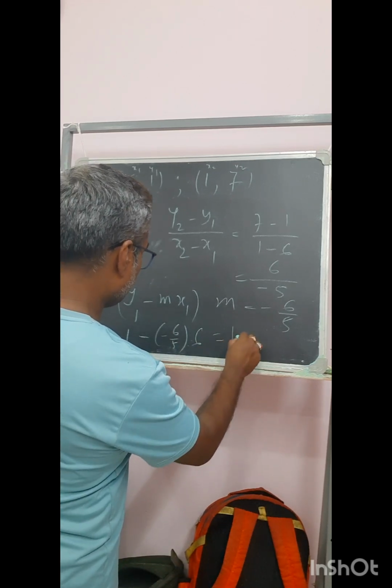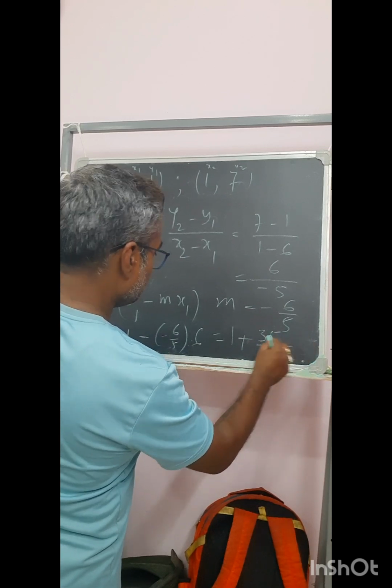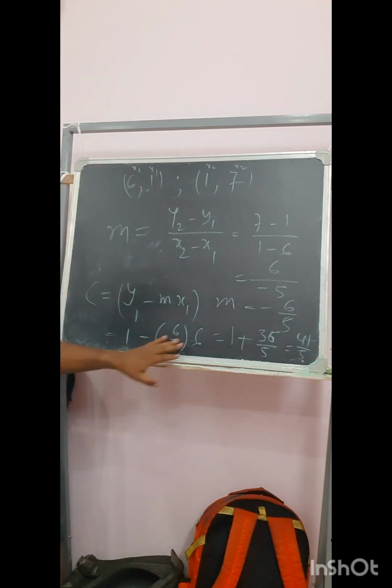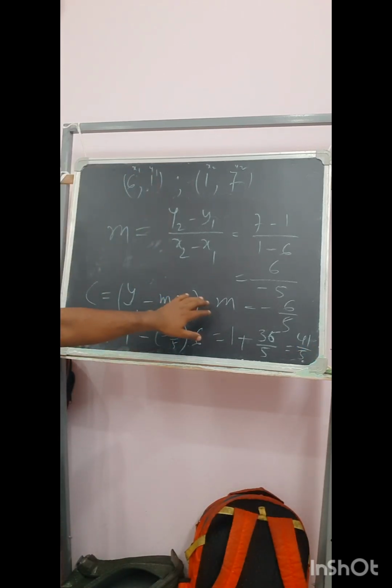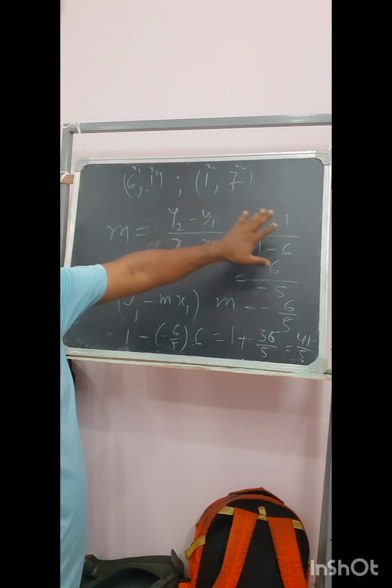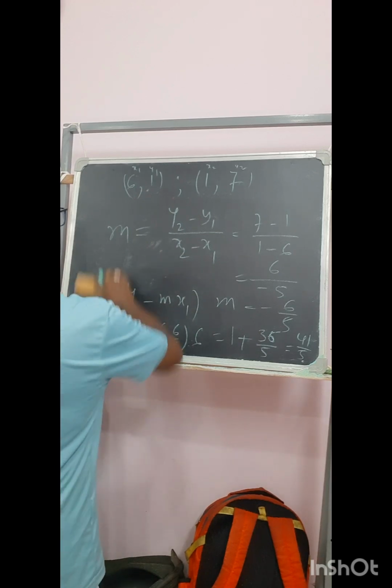So from there 1 plus 36 upon 5, that is 41 by 5. So there also you can directly find it, but in this case you have to find m first, without forming the linear equation. So these are the possibilities that may come in linear equations.